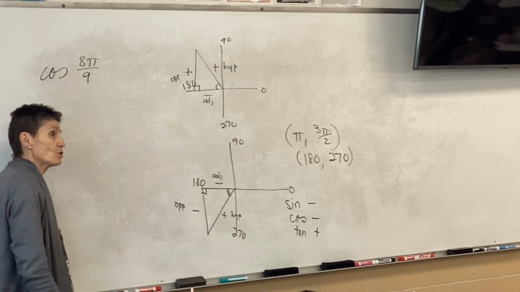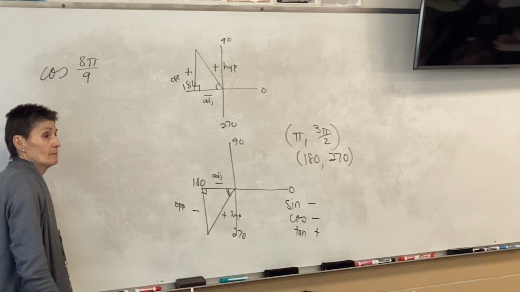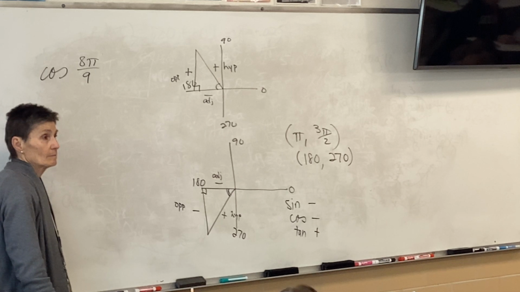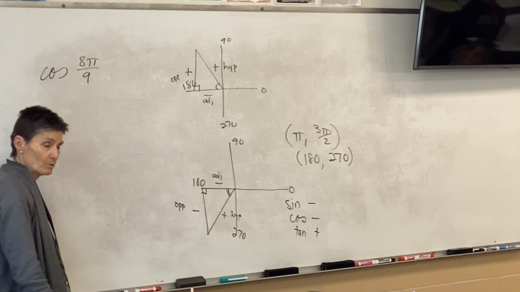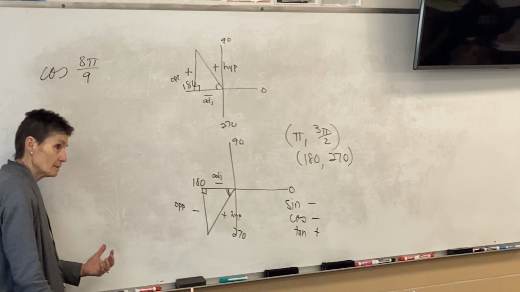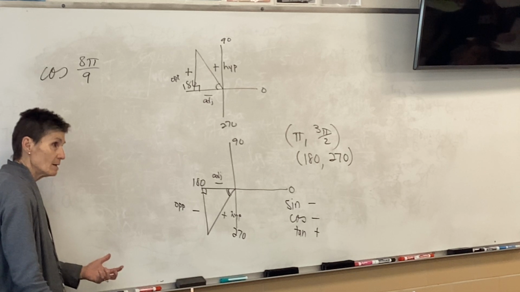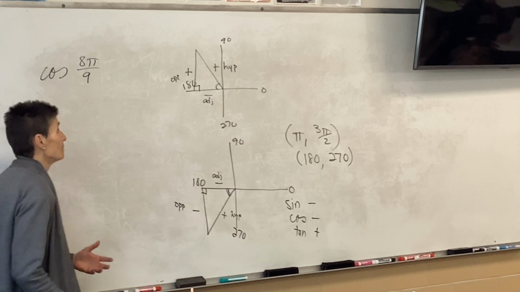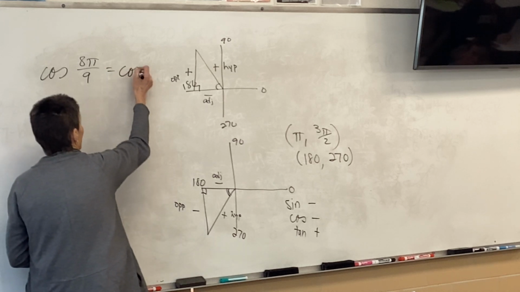Could we change that into degrees? Yeah, how do you do that? Oh, you know how to do this. What's pi? 180, right? So 8 180s divided by 9, right? So you get 160. So this is the same as the cosine of 160.